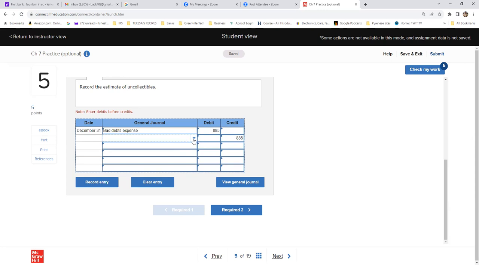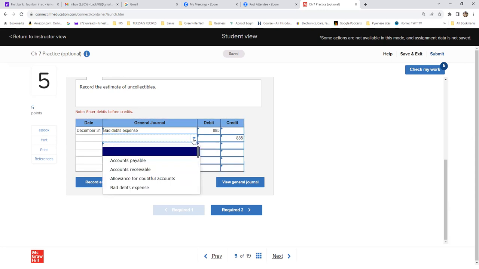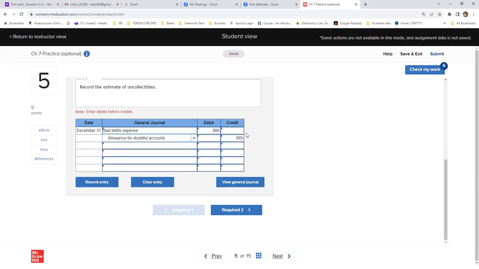The bad debt expense is going to be debited immediately because that's got to be reflected in this year. And then allowance for doubtful accounts will be credited $885. Now that will bring it up to $1,485, because again, we already have that credit balance being pulled forward.